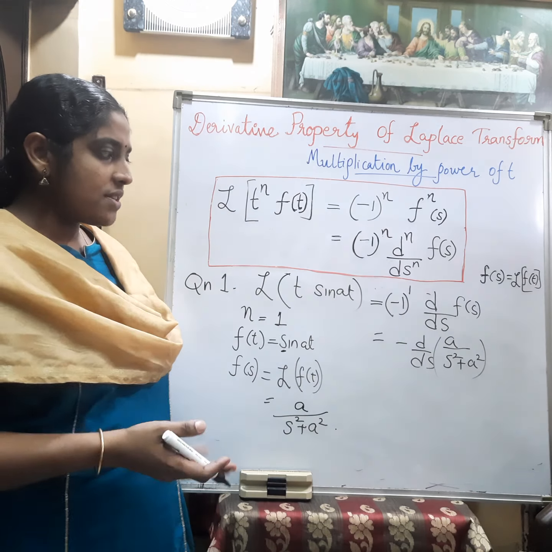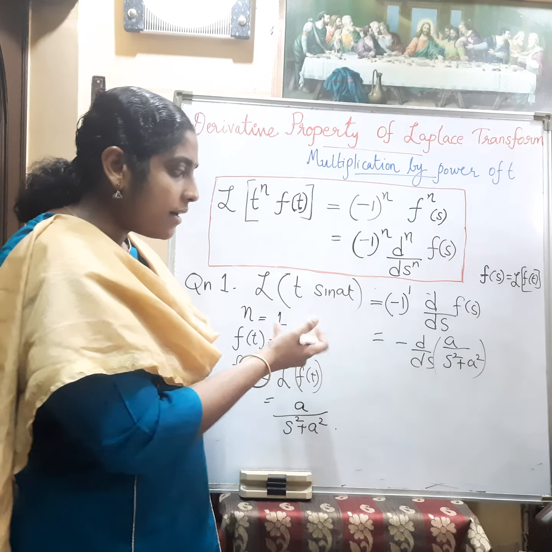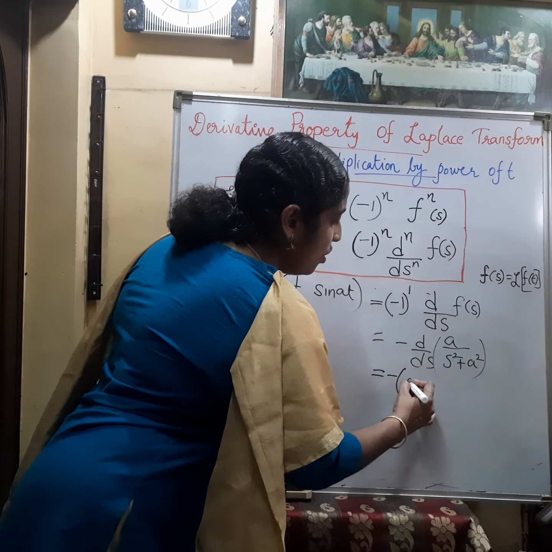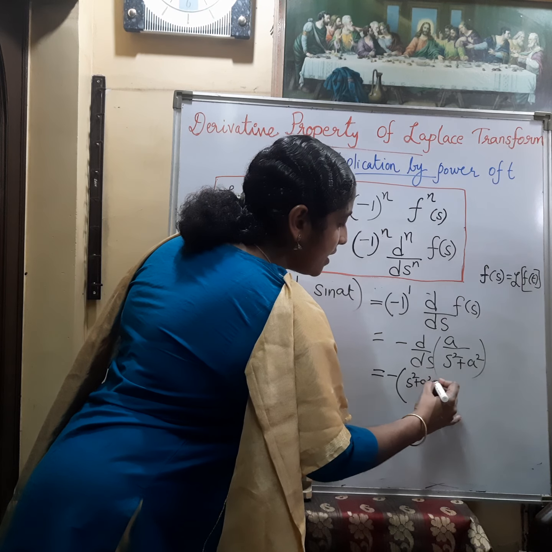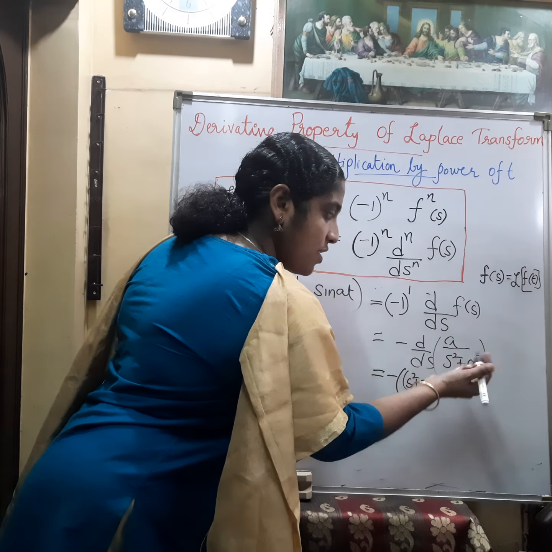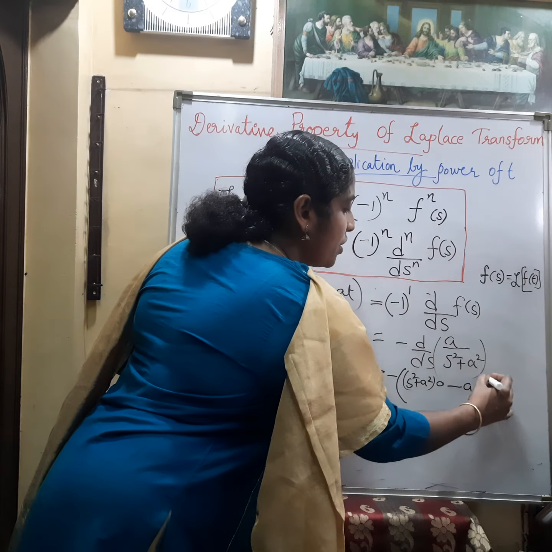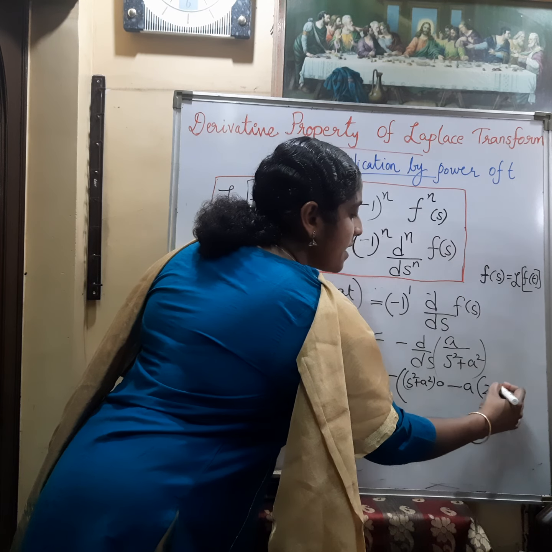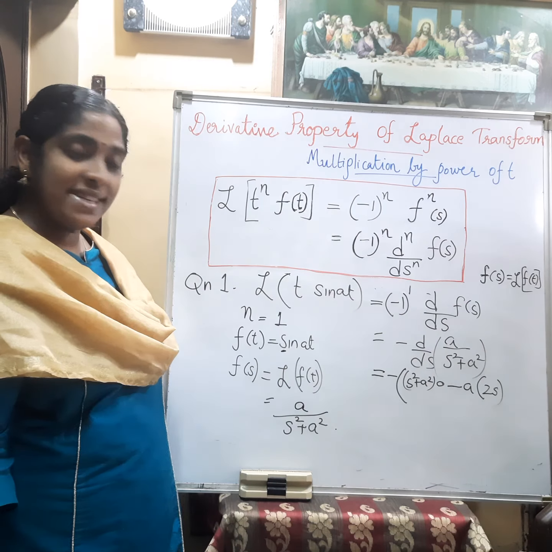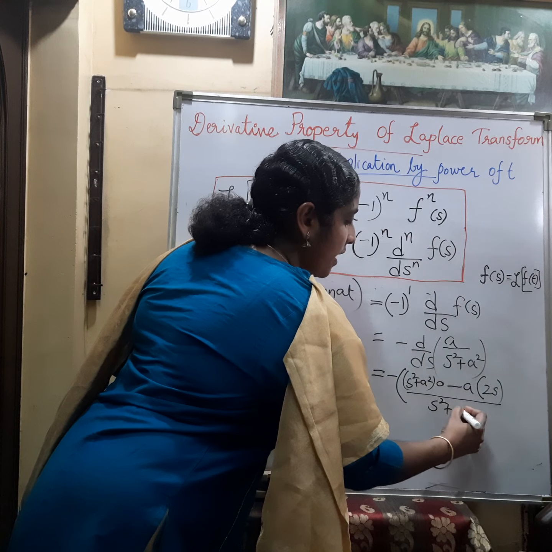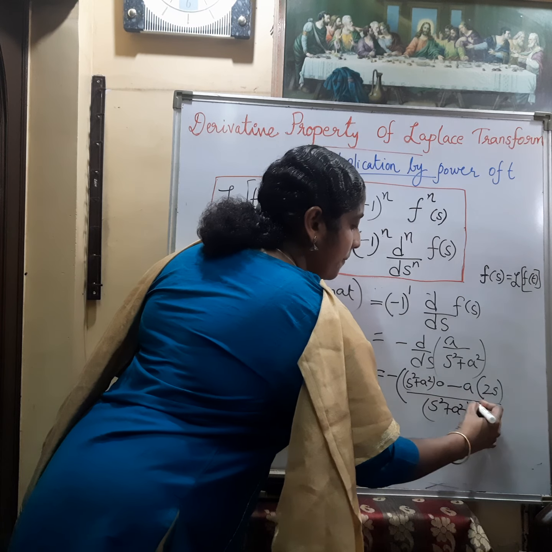Now we can do this normal simple differentiation using the quotient rule, that is denominator into derivative of numerator. Here what is the derivative of numerator? A is a constant, so that derivative is 0, minus a into the denominator derivative, s square plus a square derivative with respect to s is 2s, divided by denominator square, s square plus a square whole square.